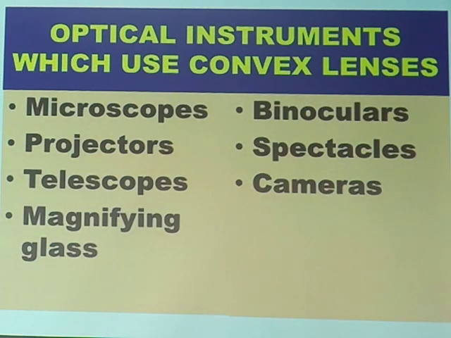So there are microscopes in there, for studying tiny objects, like a tiny insect your eye cannot see easily, or a germ, bacteria. You want to see how bacteria or a virus looks. We need a microscope. So a microscope also has a convex lens.